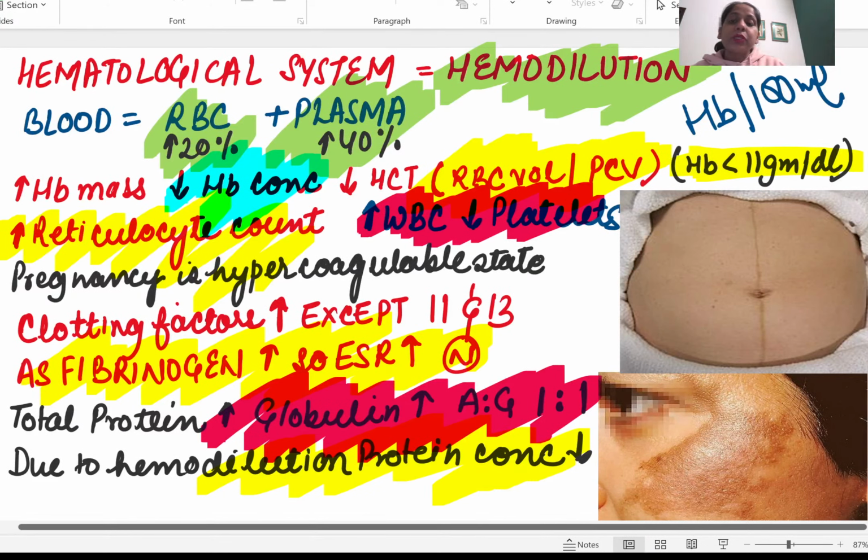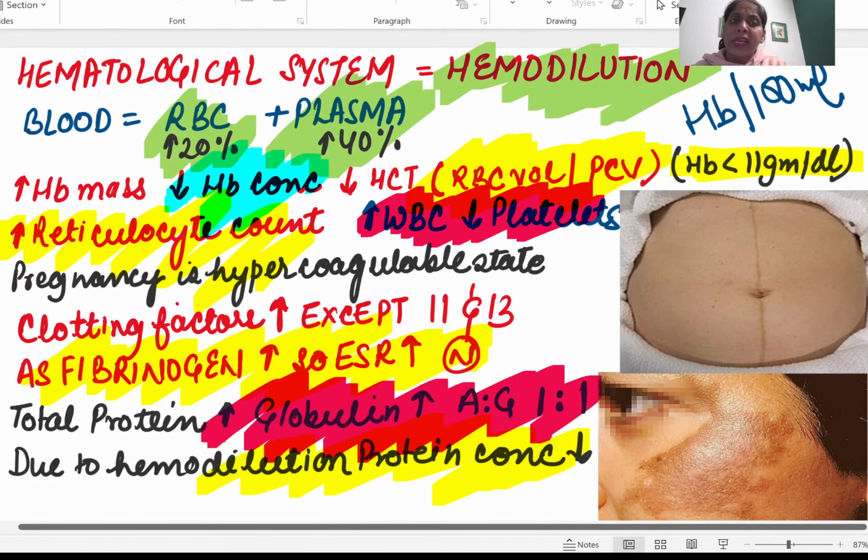So that was it. The most important thing which we did was that due to this physiological anemia, that is due to the hemodilution anemia, there is increase in the reticulocyte count as a body response to that hemodilution, and pregnancy is a hypercoagulable state.